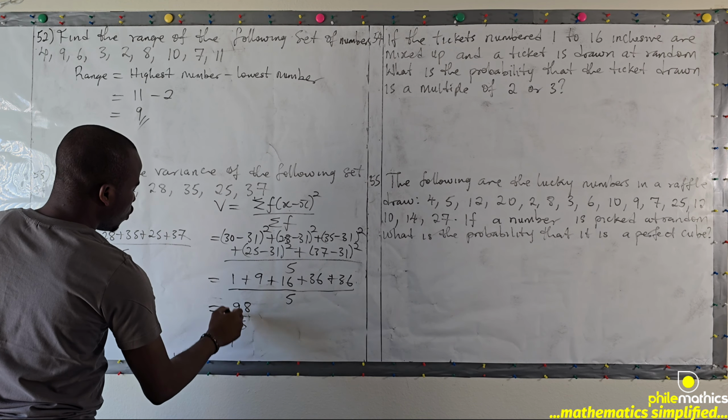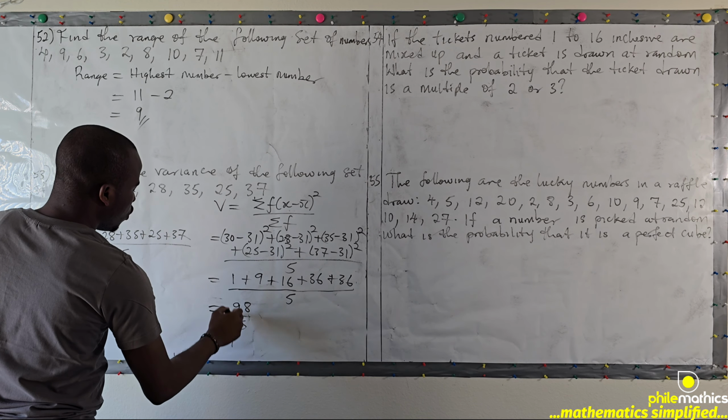54 says, if the tickets numbered 1 to 16 inclusive are mixed up and a ticket is drawn at random, what's the probability that the ticket drawn is a multiple of 2 or 3? Multiples of 2 are those numbers 2 can divide in that ticket number, and multiples of 3 are numbers 3 can divide in that ticket number.